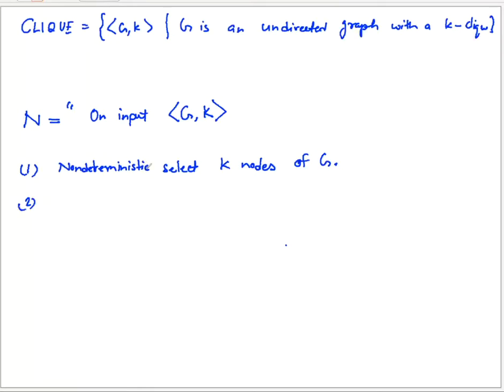Because I have already selected the nodes from the graph G, we don't need to further verify if the node is part of graph G or not. If we had the numbering of the nodes and were populating a list with the numbers, then you would have to verify if the number is actually part of G. But when we say we are non-deterministically selecting k, we are picking some subset C of the vertex set V of G. So the cardinality of this C is k.